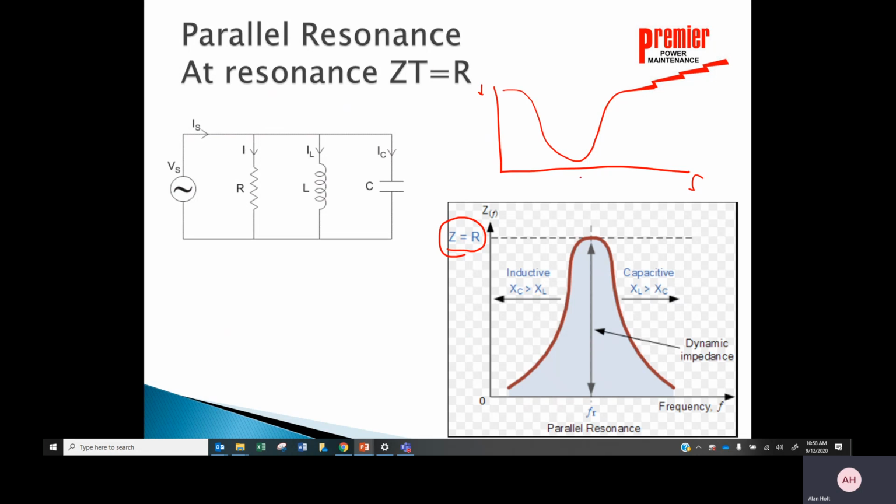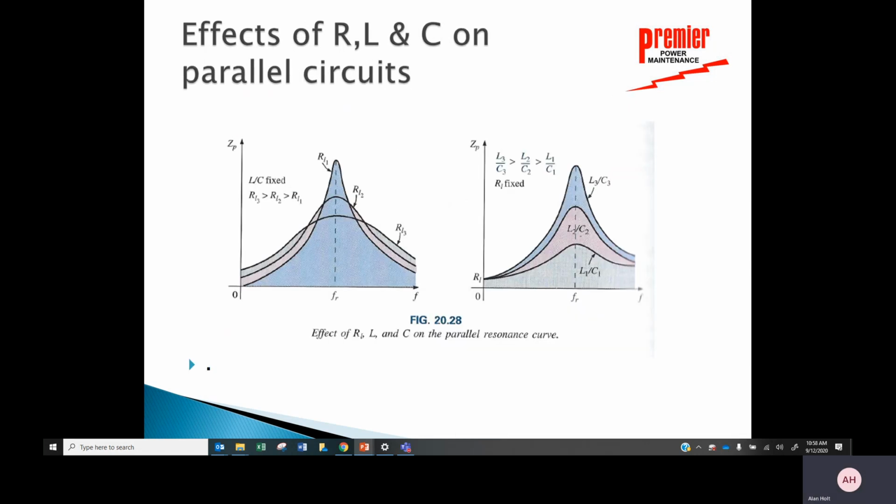At the resonant frequency, I have minimum current, maximum impedance. And I can see things that would have effects on that as well. Here's the value of R, which will flatten out the curve. And I can also see where my ratio of inductance over capacitance will also impact that curve. Both of them are very important to us.